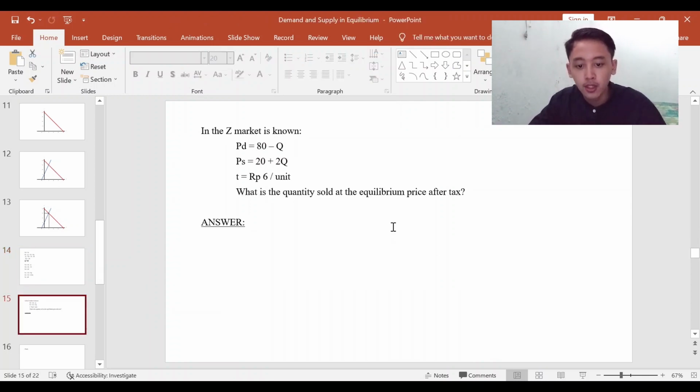So now we are going to look at what happens when we put a tax in this market. We are going to put this tax on sellers, so sellers are responsible for paying the tax to the government. We will use the same equations as the first problem, and the tax is 6 rupiah. The way to solve it is like this.